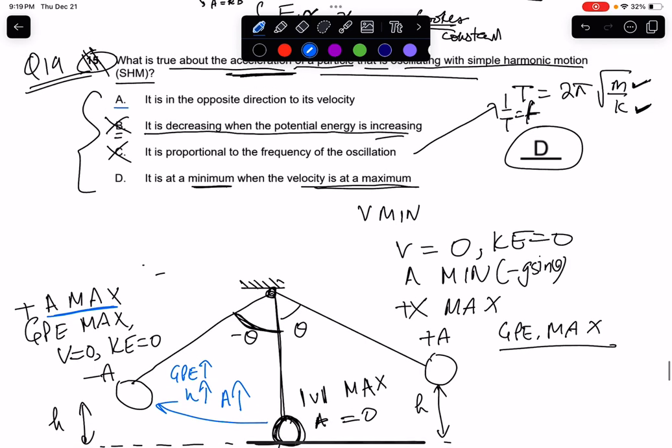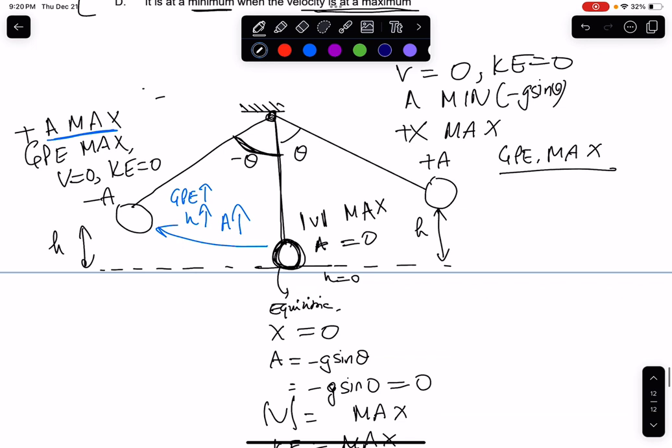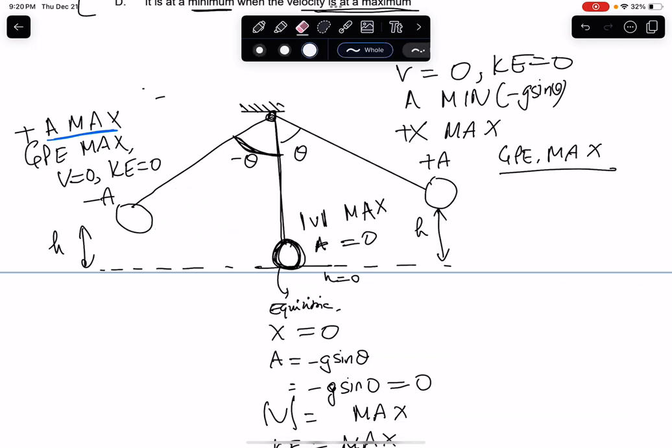And for A, they're saying that the acceleration is opposite to the direction of the velocity, then that cannot happen as well. Okay? And the main reason is that, in this case, when the object is going in this direction, right?